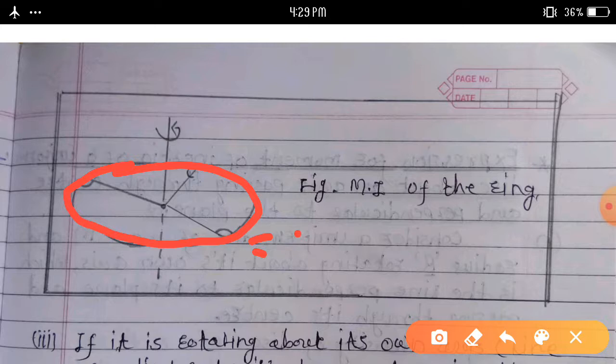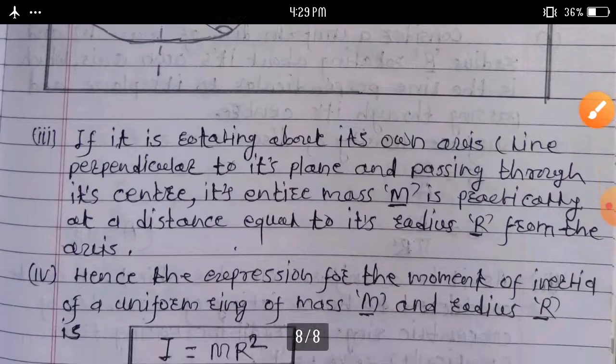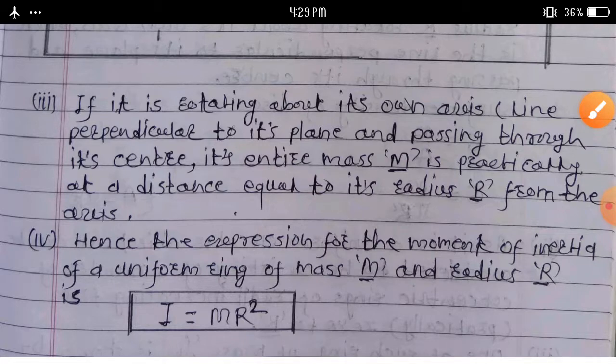Then we calculate the moment of inertia of this uniform ring. If it is rotating about an axis perpendicular to its plane and passing through its center, its entire mass, consider it capital M here, is practically at a distance equal to its radius capital R from the axis.